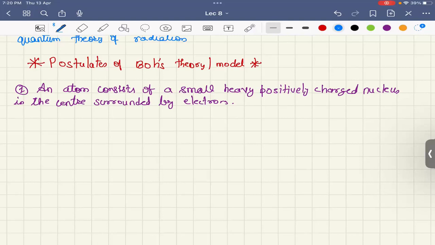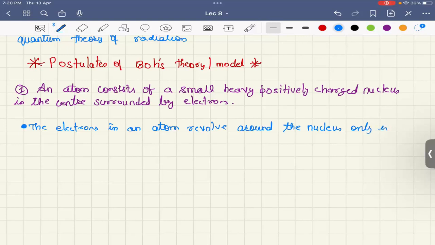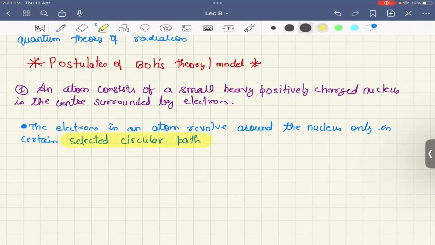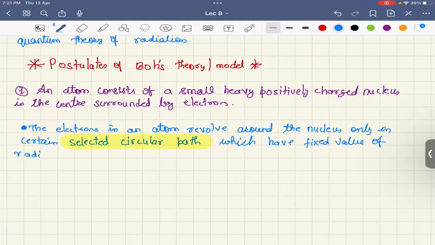The sub-postulate of this is that the electrons in an atom revolve around the nucleus only in certain selected circular paths. So this is very important. They cannot have all the energy levels, which have fixed value of radius and energy.